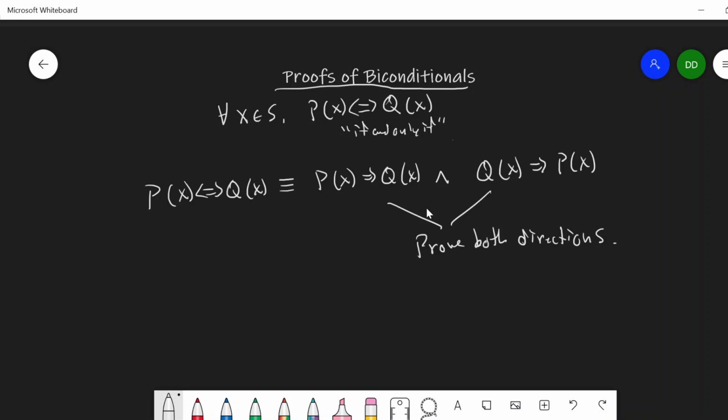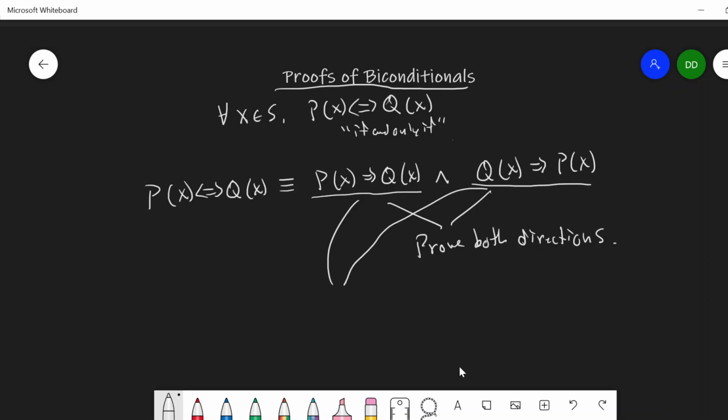So why am I mentioning this now in the proof by contrapositive section? Well, a lot of the time, as we've seen, with implications it works better to prove them by contrapositive. So one of these might be easier to prove by contrapositive than the other, or maybe both of them are easier to prove by contrapositive than directly.